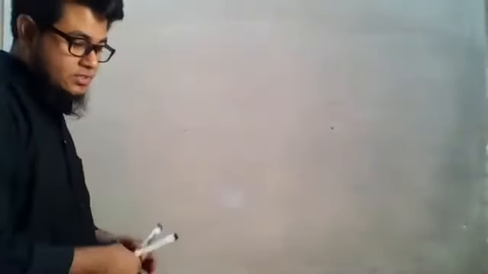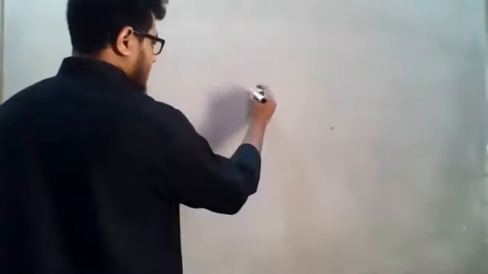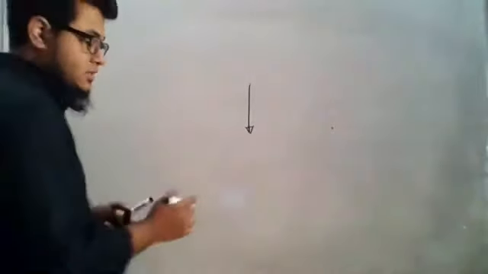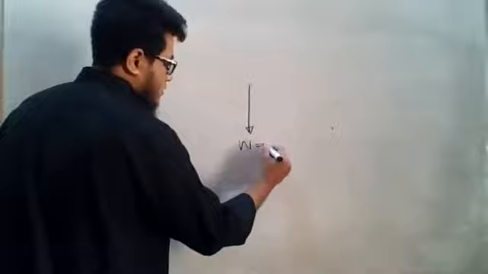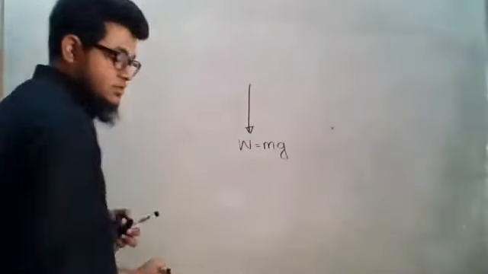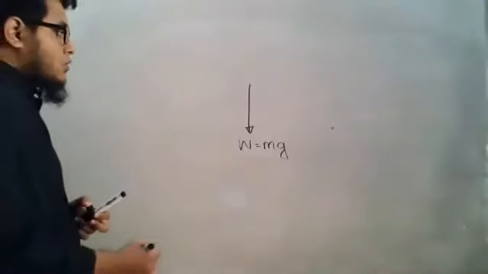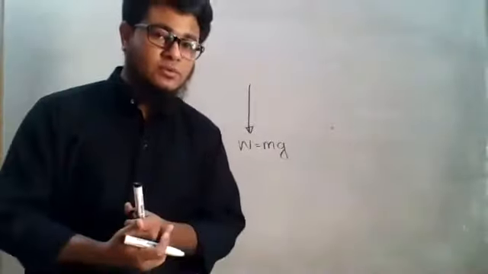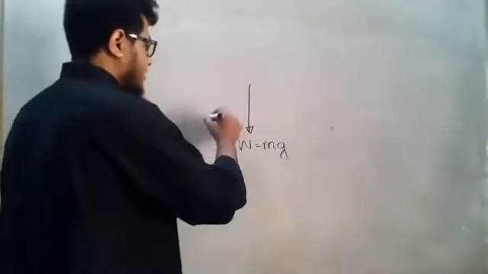Now, as you can see, the second figure will make your doubt clear. The weight acts vertically in the downward direction. That is, W is equal to mg, mass into acceleration due to gravity. Now, as he is in an inclined position, the reaction force that he will get will be in this direction.